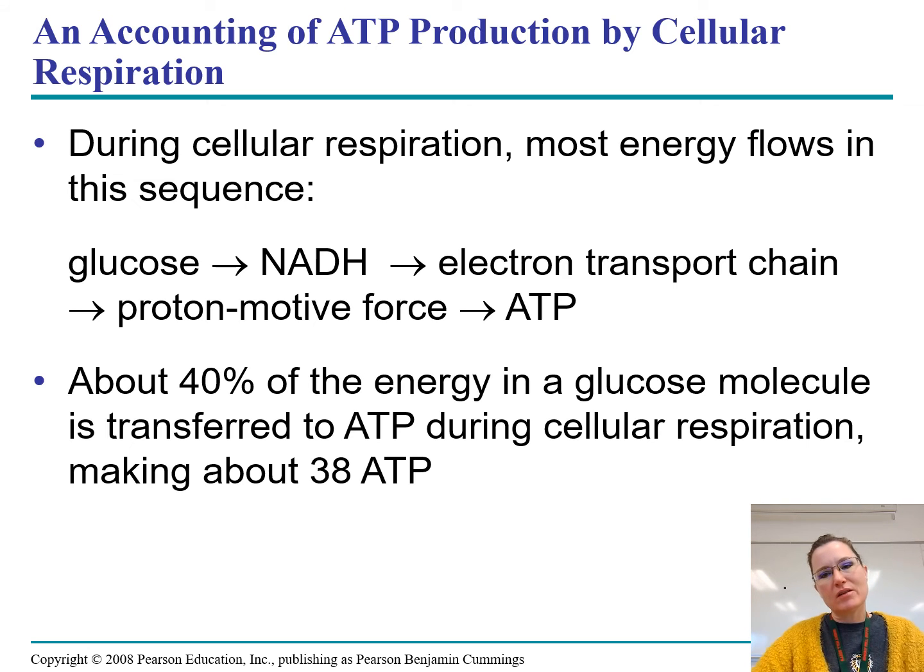It travels down to the electron transport chain, and then it does the little motor of chugging through the membrane, adding the inorganic phosphate onto the ADP. When we eat food, we really only glean 40% of it. 60% is lost as heat. Ideally, in perfect conditions, we would get about 38 ATP: 2 from glycolysis, 2 from the citric acid cycle, and 34 from the electron transport chain.